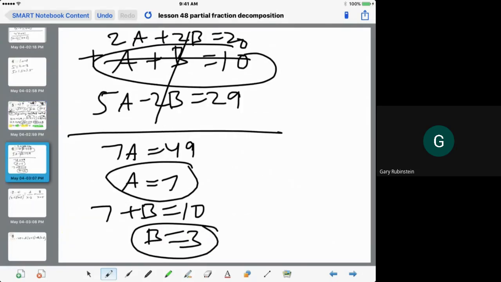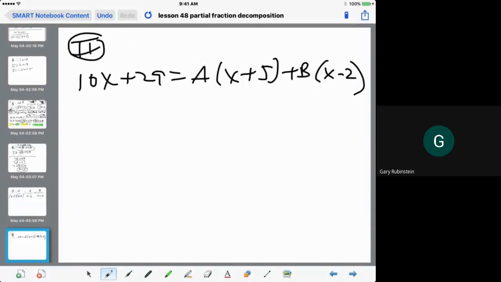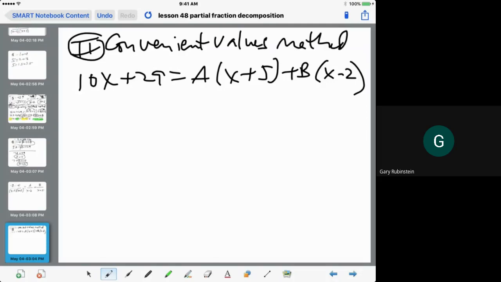So that's also true about this. If I put a number in for x, these 2 equations are going to be true. Well, you might say, method number 2 is going to be called the convenient values method. Now, you could plug in any number you want.